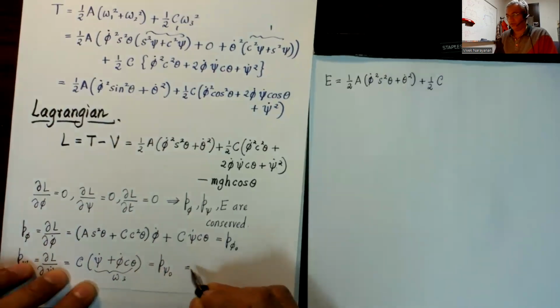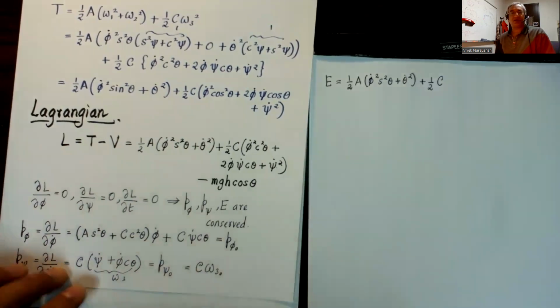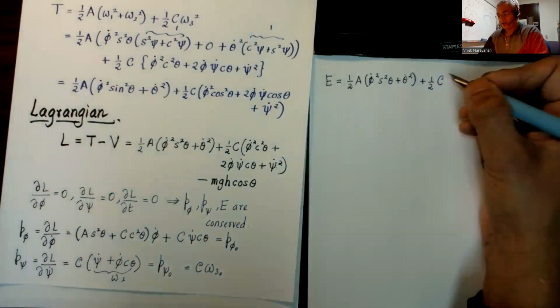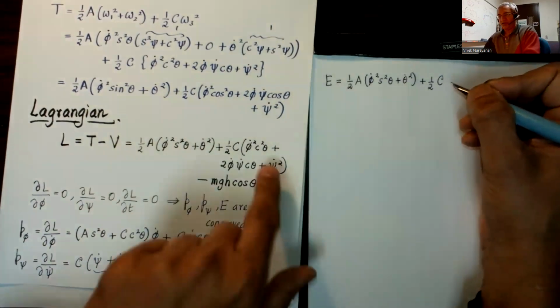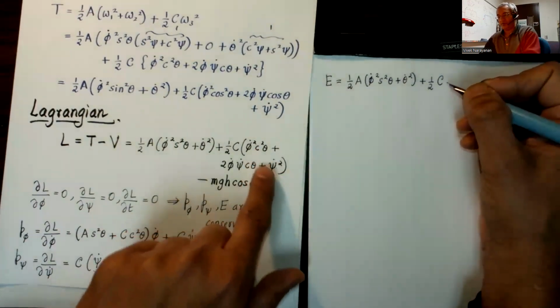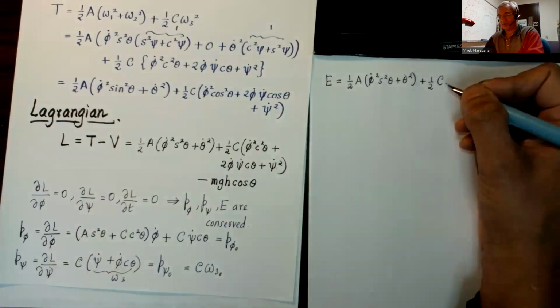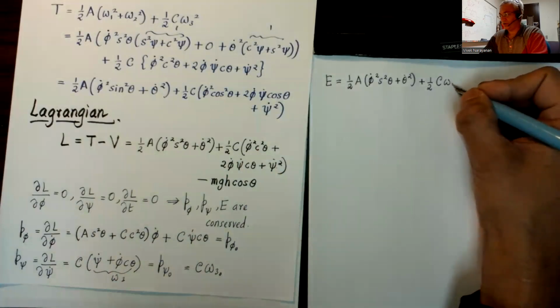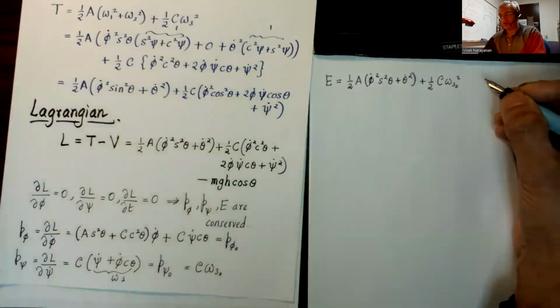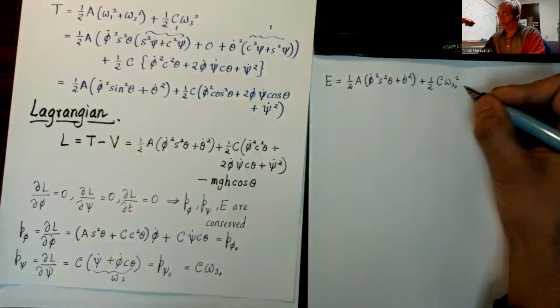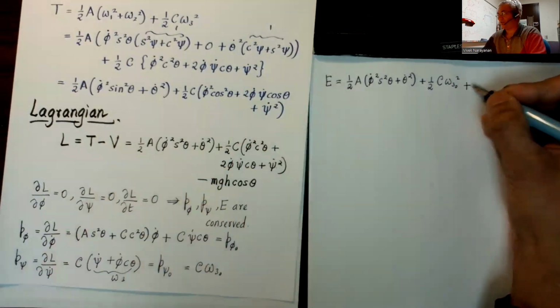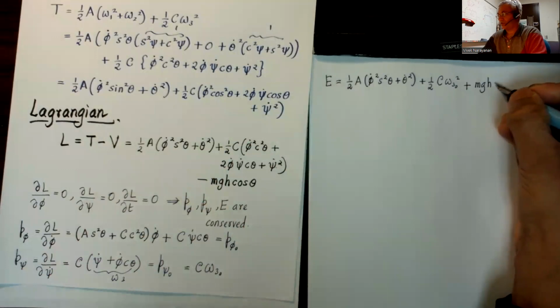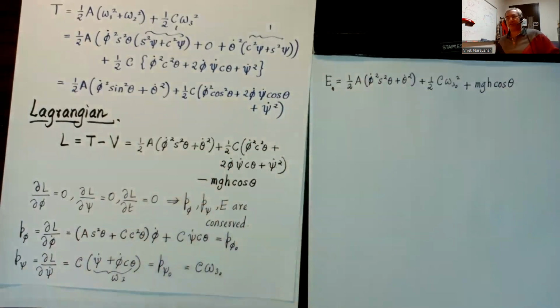So I'm going to write this henceforth as C times omega 3 naught. And so I'll take that understanding back here. Now the square came from squaring that. So I'm simply going back and writing that as C omega 3 naught squared instead of writing all this. And instead of minus, I just put plus mgh cosine theta. And that energy is a constant, so I'll write that as E naught.